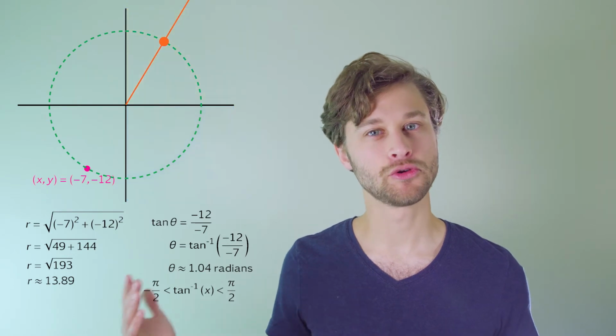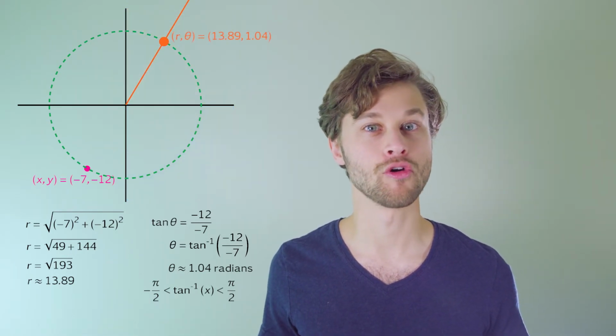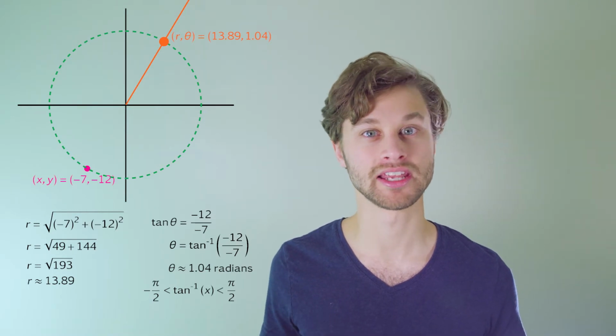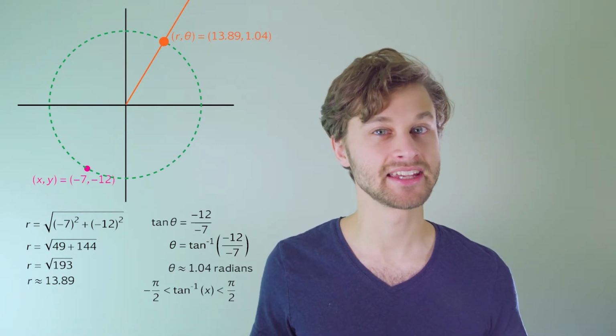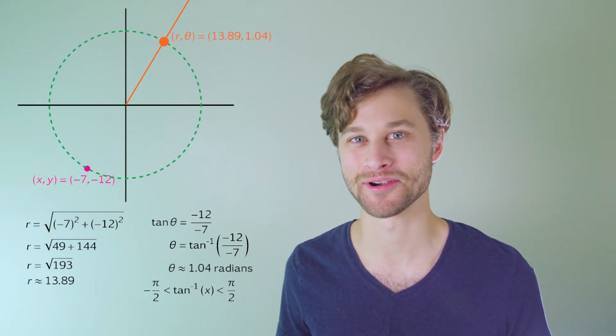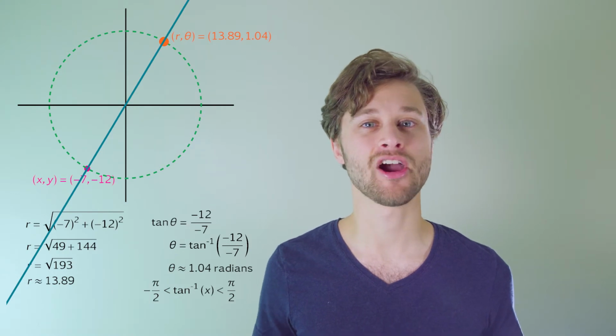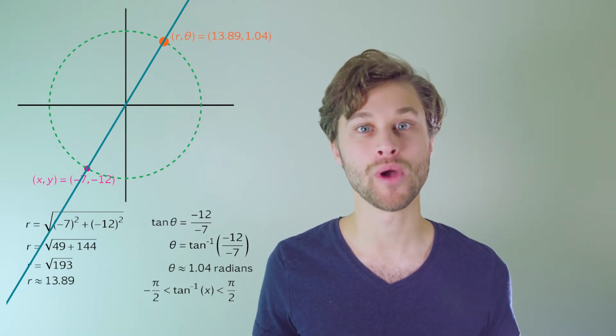But as we can see, if we graph these 2 points, 13.89, 1.04 out here in the first quadrant in polar coordinates, and -7, -12 out here in the third quadrant in xy coordinates, we see that they are collinear with the origin, which means that they are 180 degrees away from each other.